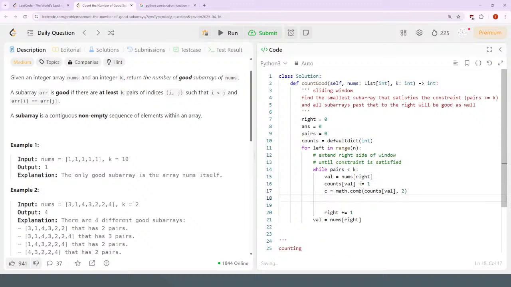So that's the number of pairs that this thing now creates. So in theory, that would multiply with the number of ways everything else is done. So if the current pairs is equal to 0, then the pairs is now equal to this.